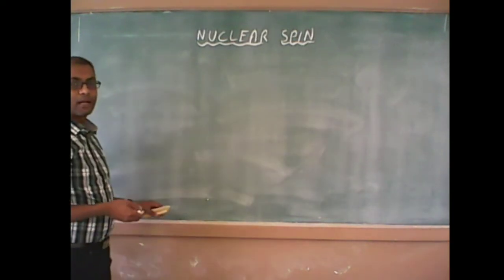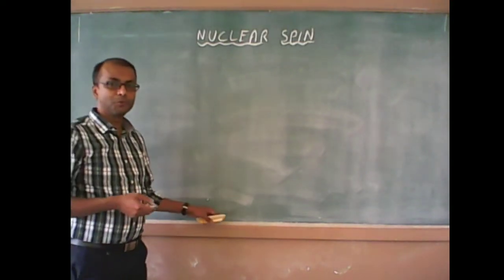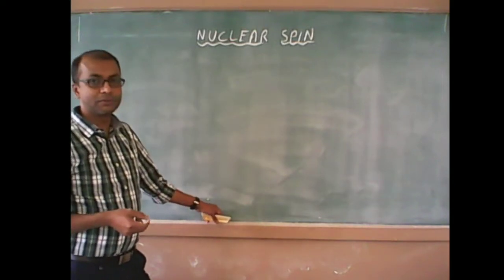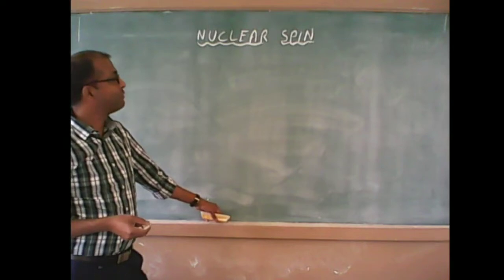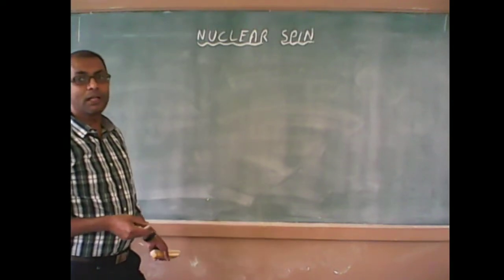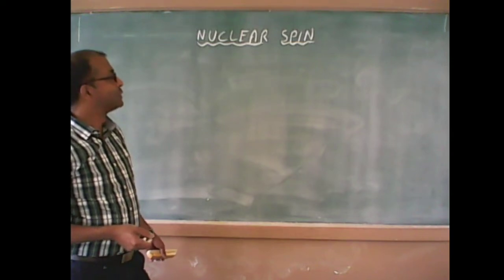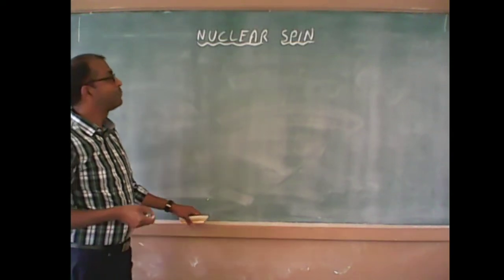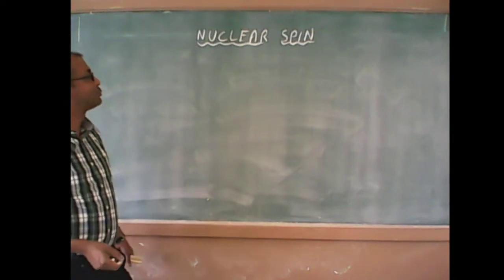As a result, the individual spin angular momentum and the orbital angular momentum of all the nucleons inside the nucleus add up, giving rise to the total angular momentum of the nucleus as a whole. This total angular momentum of the nucleus is known as its nucleus spin.